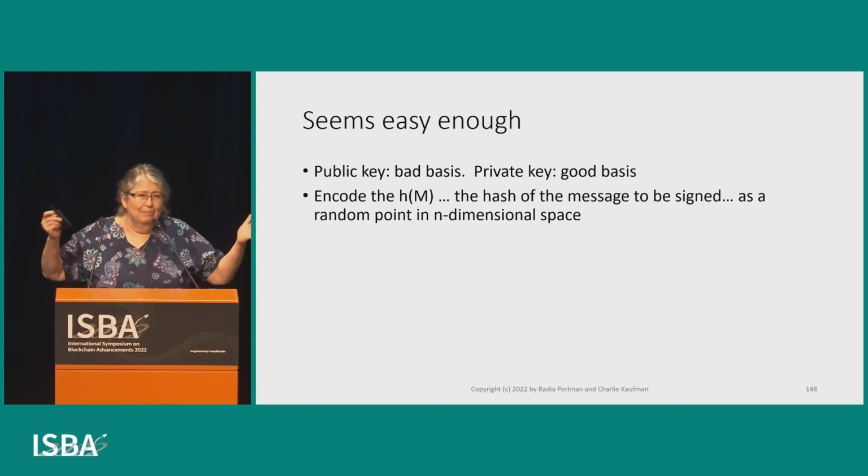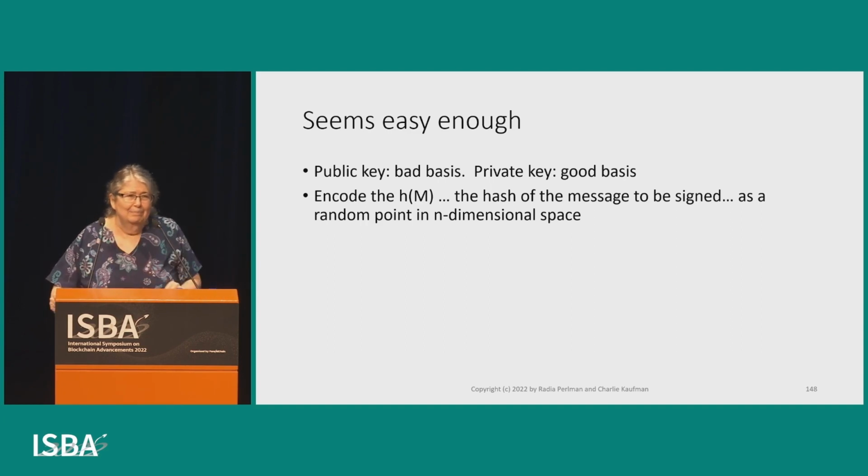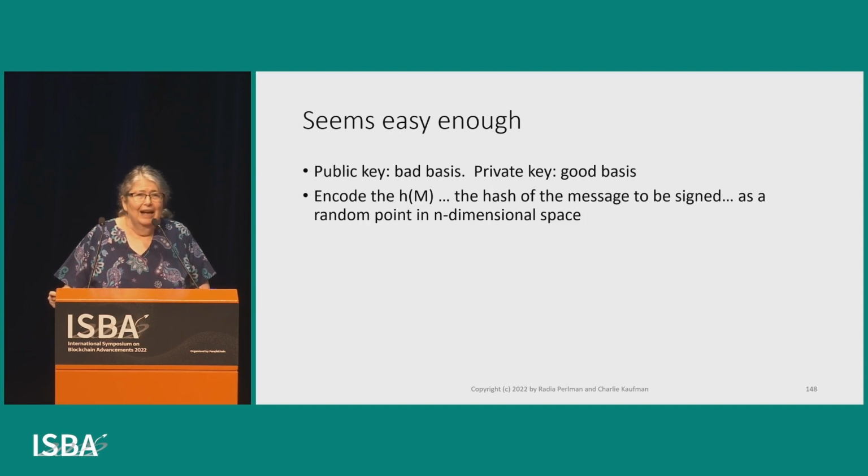You chop it up into n pieces, and it will be a point in n-dimensional space. And you prove that you know the good basis by finding the nearest lattice point. And this was proposed by extremely reputable cryptographers, some of the most famous ones.